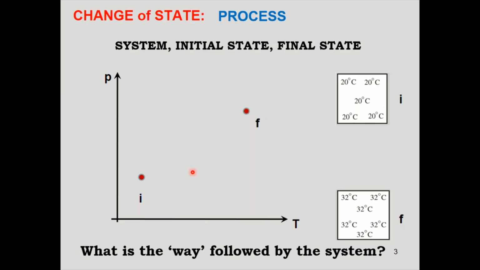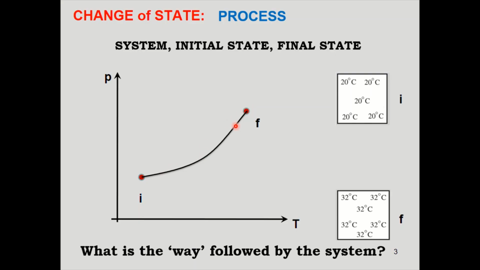The question is, which path is exactly followed by the system? Now, if I say that is the path followed, it is definitely arbitrarily said, and you can readily ask, how can you say this? This path may be like this, or like this, any path like this. How can I say this is the path followed?